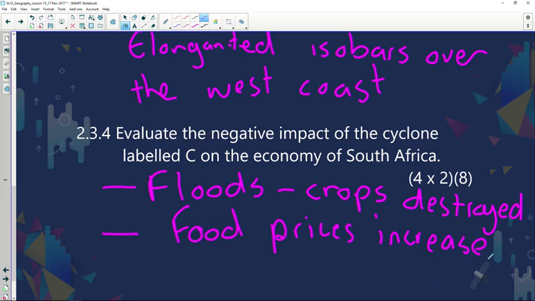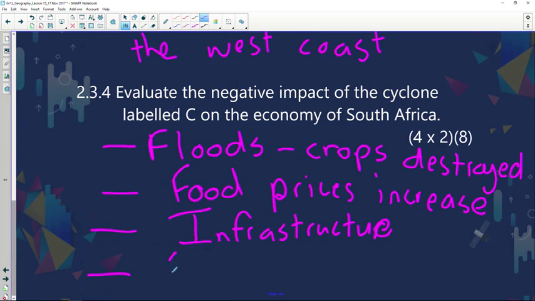It can damage infrastructure. And the snow can kill livestock.